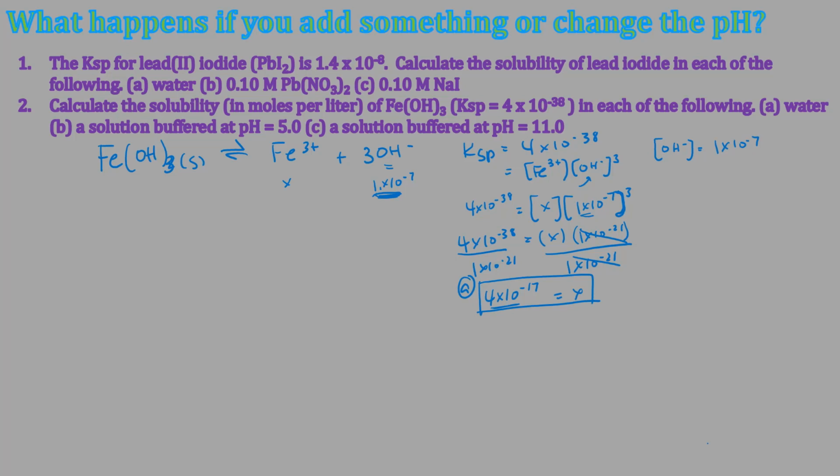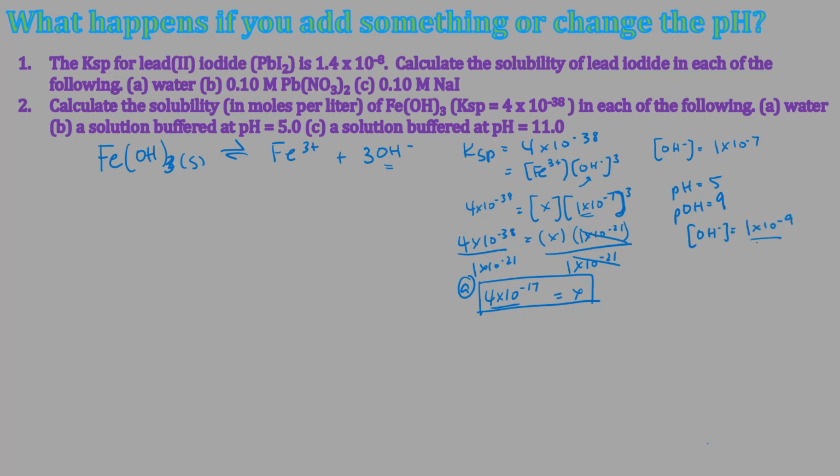All right, so B is in a buffered solution at pH 5. So at pH 5, where do I want to write this right here? pH equal to 5, the pOH is equal to 9. And so my hydroxide concentration is 1 times 10 to the negative 9th.